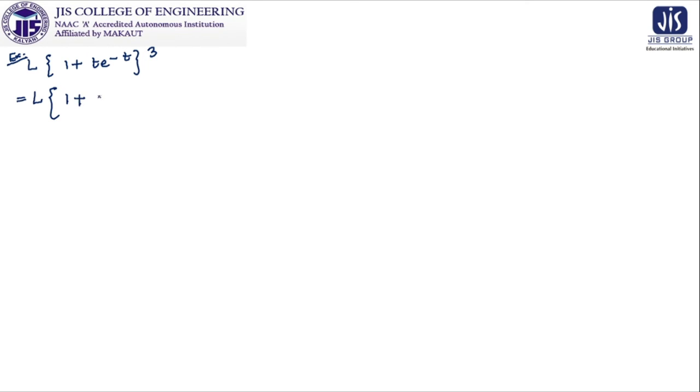So we can write it as 1 plus 3t e to the power minus t plus 3t squared e to the power minus 2t plus t cubed e to the power minus 3t, applying the formula for (a plus b) whole cube.